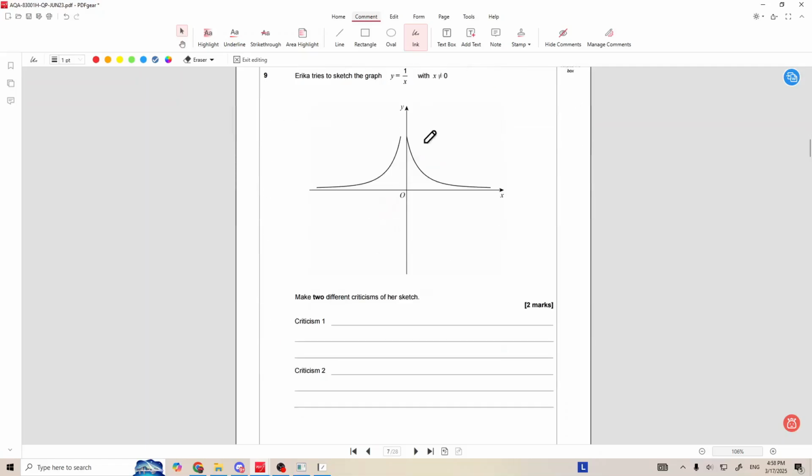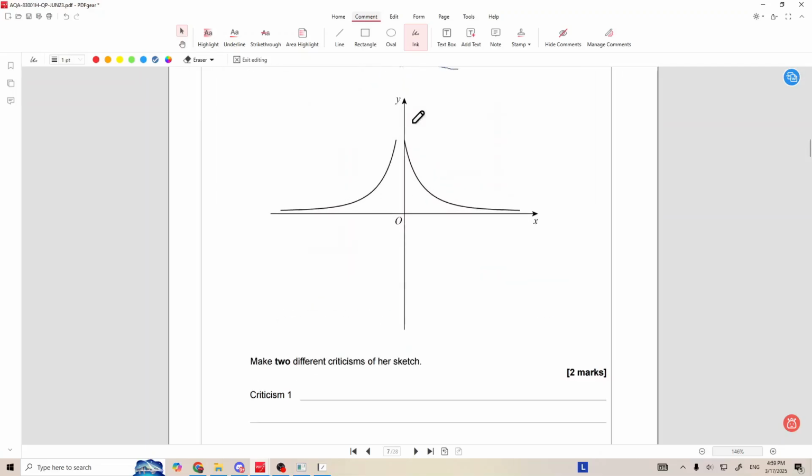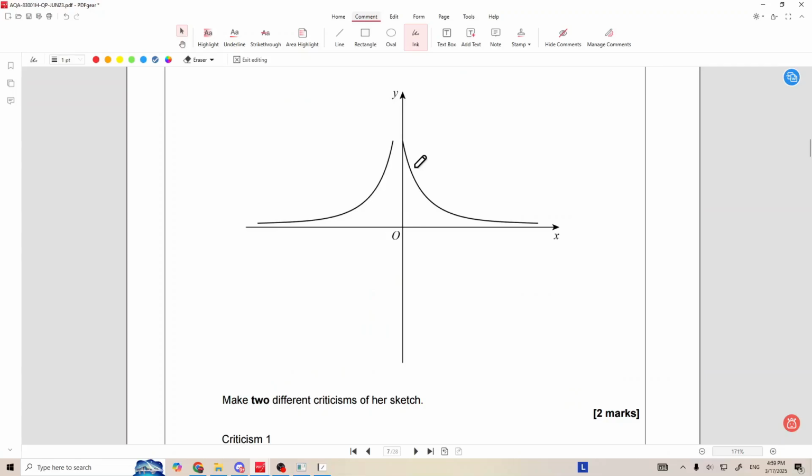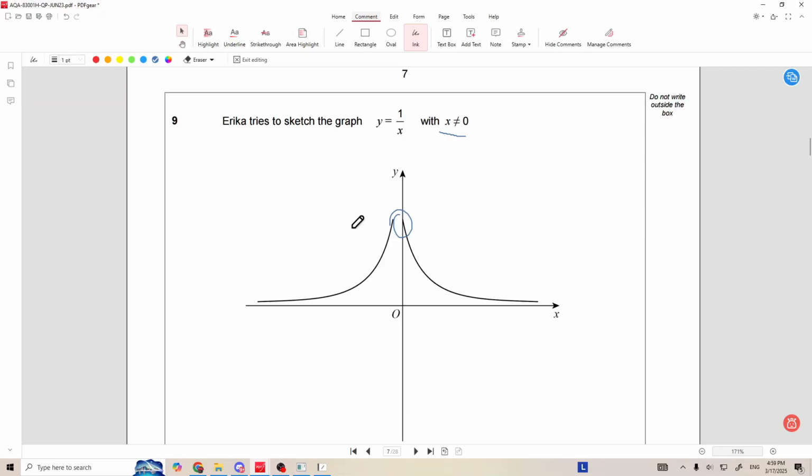So, well, for one, x can't be 0, but you see this line here, it's touching x equals 0. That shouldn't be right. Wait, let me try and think. Is the graph correct? Is the shape correct at least? Because y equals 1 over x.